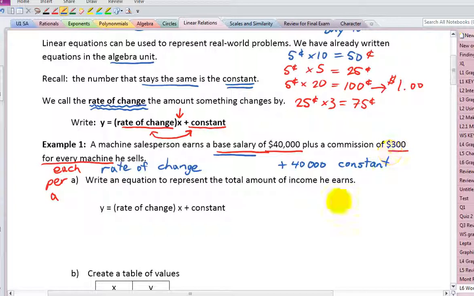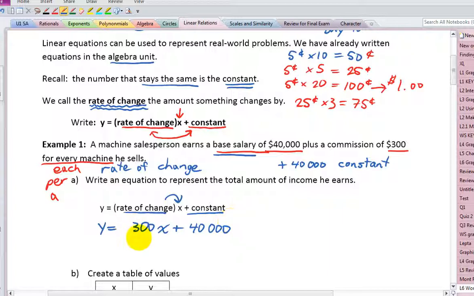Okay, so to write the equation then, we're going to take our rate of change, multiply it by x, and then add the constant. So y will equal 300, we don't need our units, times x plus the constant of 40,000.